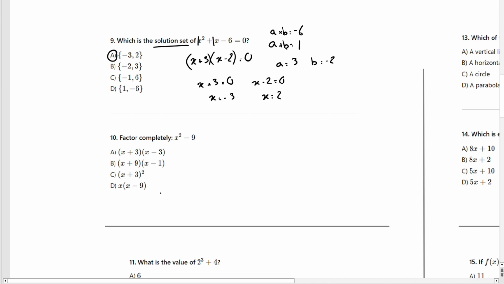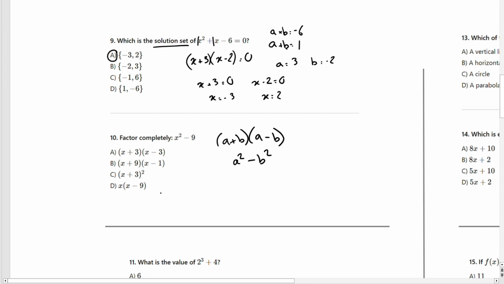So here for number 10, we have factor completely x squared minus 9. When we are factoring, we have to remember a plus b times a minus b. This is the formula for the difference of squares, which always results in a squared minus b squared when distributing.